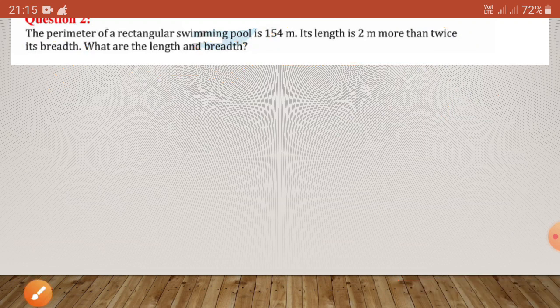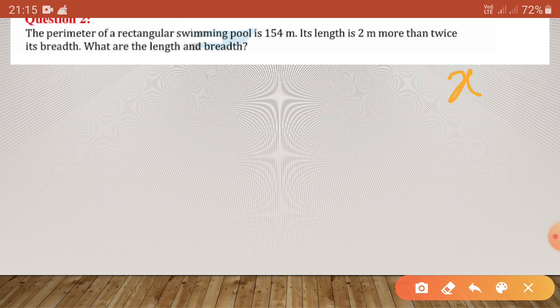So here we have assumed that the breadth of that rectangular swimming pool is x meter, because x is a variable here. So what will be the length of this swimming pool? Read the statement: its length is 2 meter more than twice its breadth.